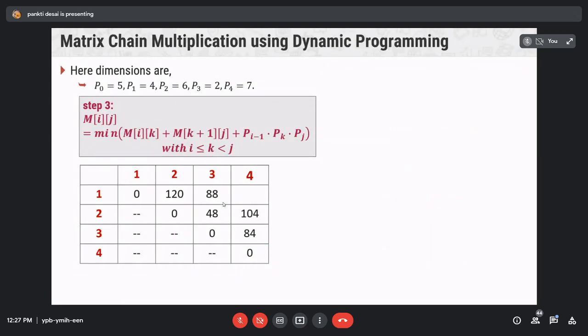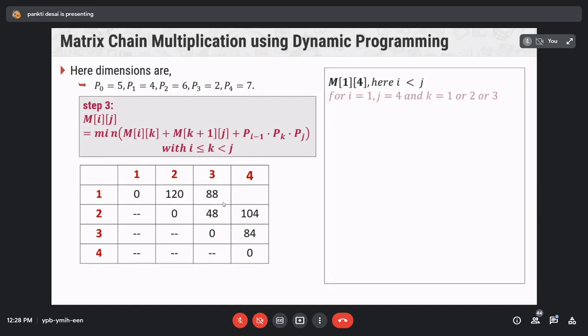So that is k equals 3. Now find the value for M14.